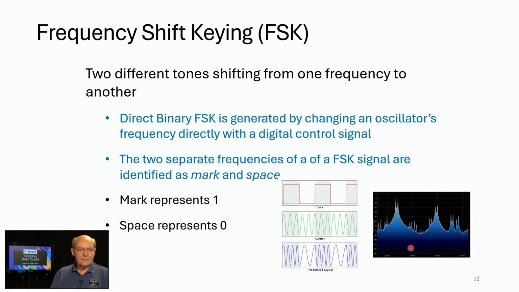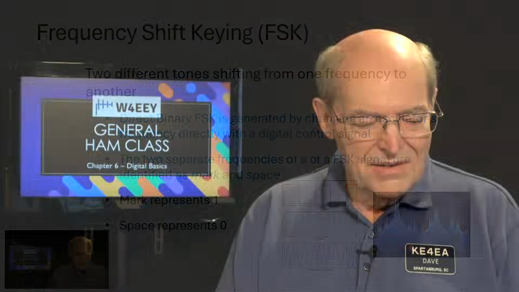Some interesting ham radio history. Why are they called mark and space? Well, back in the old days, we're talking late 1800s, the early CW worked by taking a pen and dropping it down on a moving piece of paper roll.